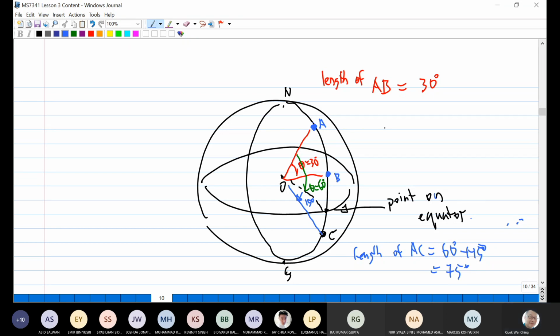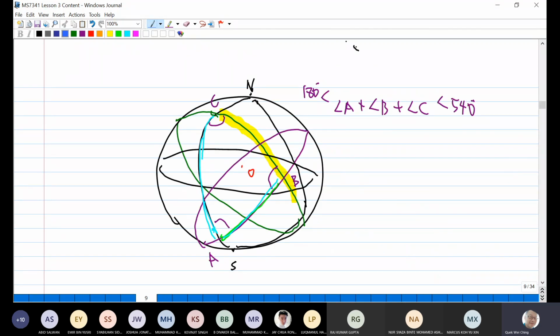What is the largest length you can find from one point of the Earth to another if you measure the distance? The largest length is actually 360. This diagram will show you how to get the largest length 360.